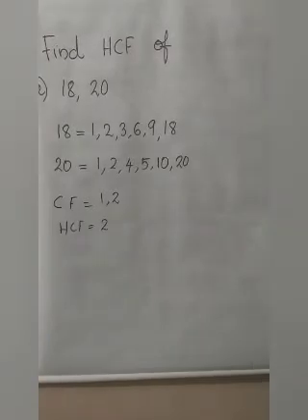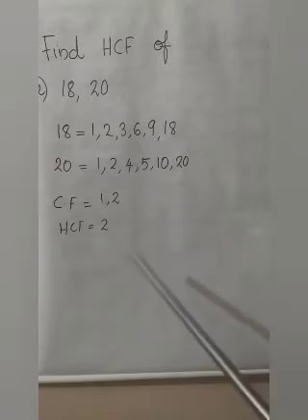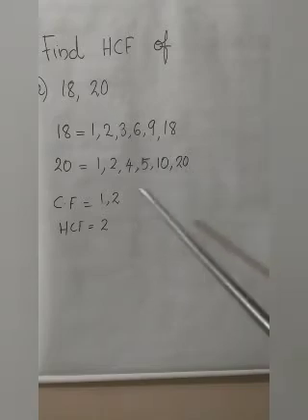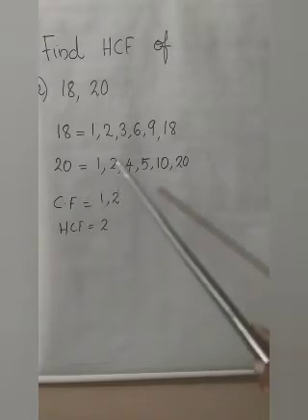In this method, by listing factors, if you're finding the HCF, there is a chance for our answer to be wrong. At the time of listing the factors, if you miss out any factor, it will entirely change our common factors and thereby also the HCF. For example, if you miss writing 2, then you will not get the common factor 2 here.